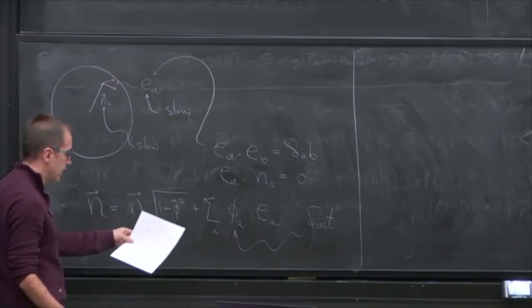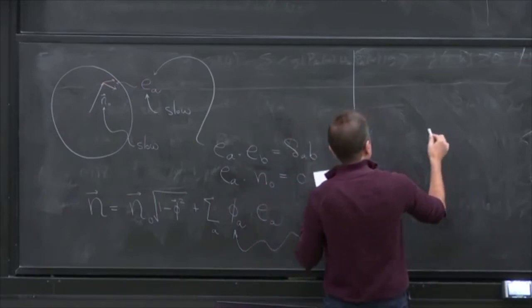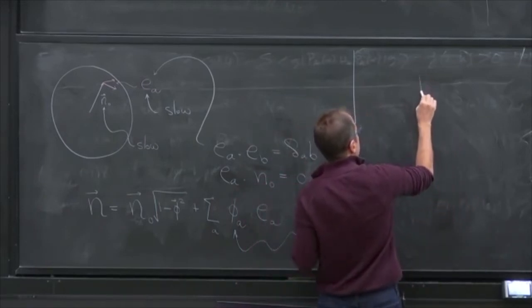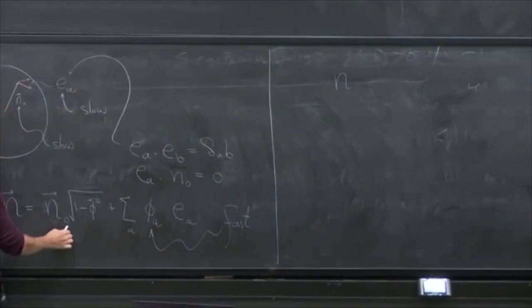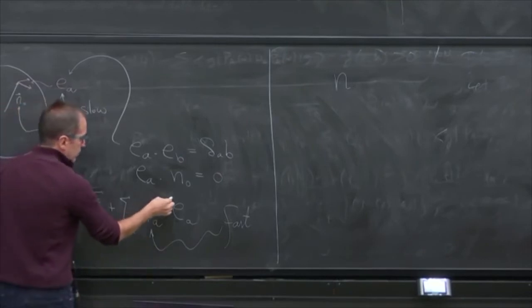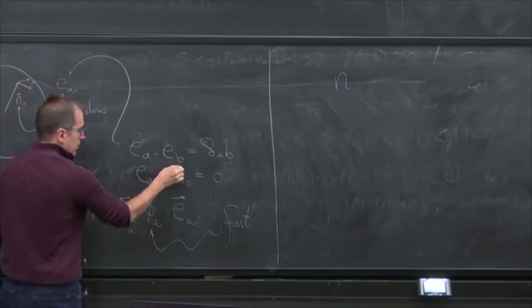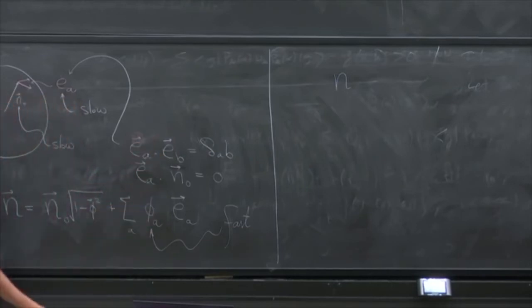But let's do it a little bit slower to practice how we will do it. First we notice that any vector can be decomposed into this n0 and EA. It's probably better to put some vectors. Let's do it.